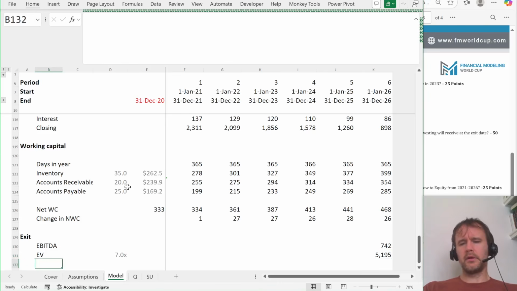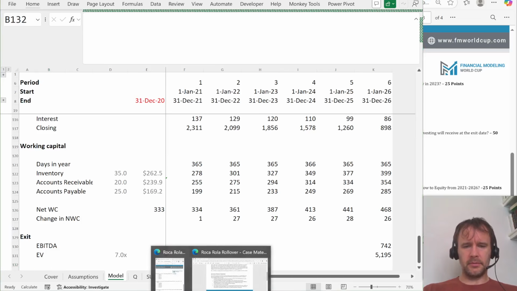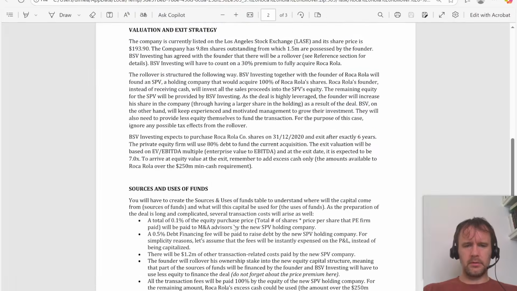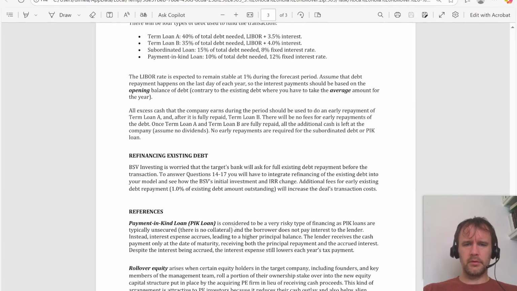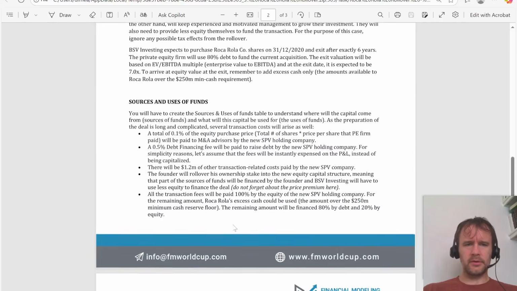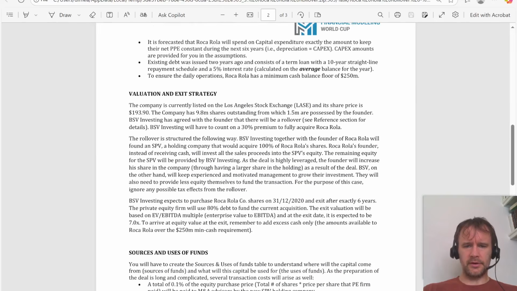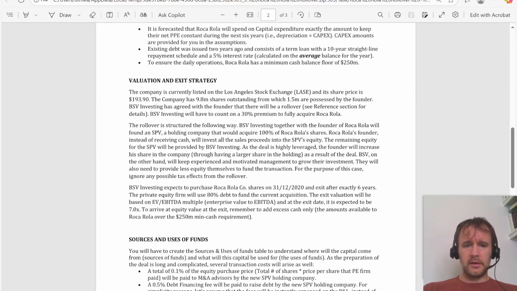Okay, then we want to subtract our net debt, but only, and it does mention this in the write-up, financing, valuation and exit strategy. Yes, to arrive at the equity value at the exit, remember to add excess cash only, the amount available to Roca Rola over the 250 million min cash requirement.